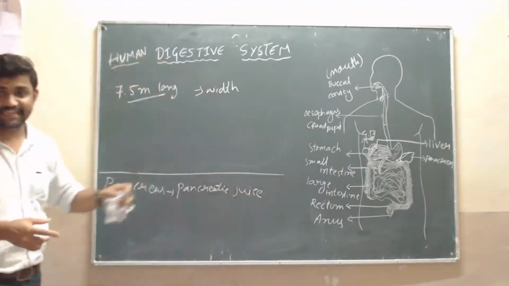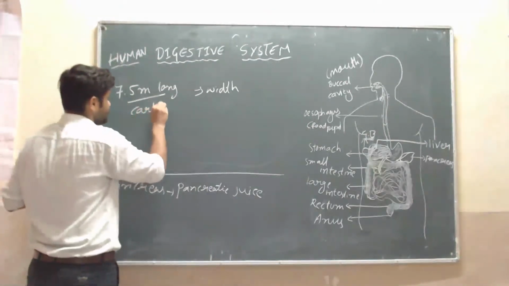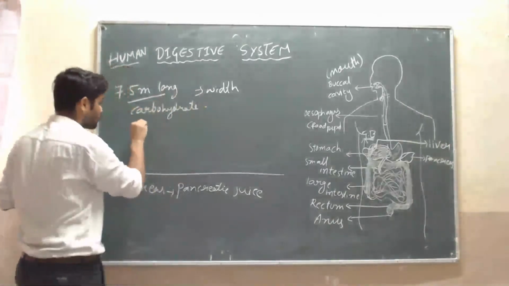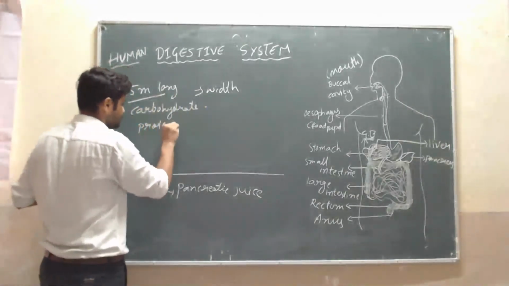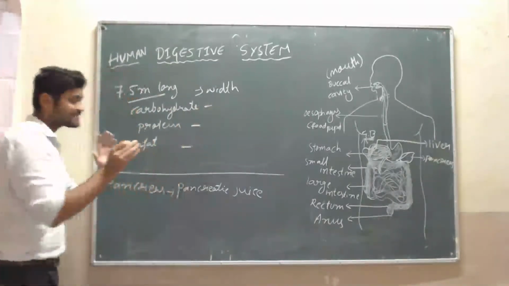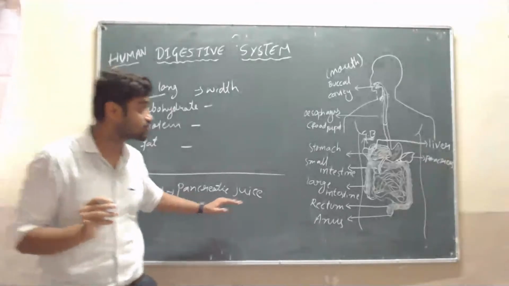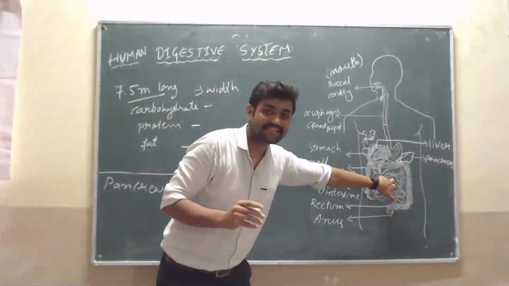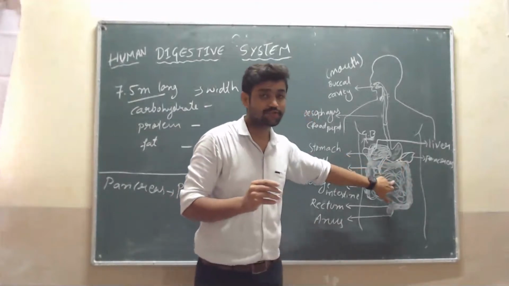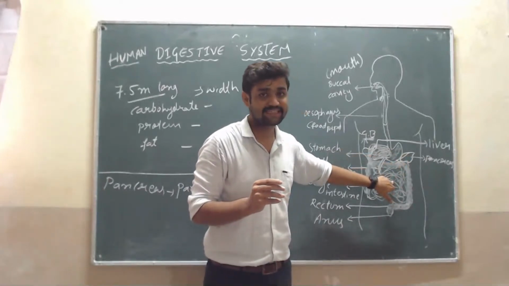of food is digested here, I mean carbohydrates, then proteins, and then fats. These all are digested with the help of pancreatic juice. This pancreatic juice is supplied through a duct to the small intestine.